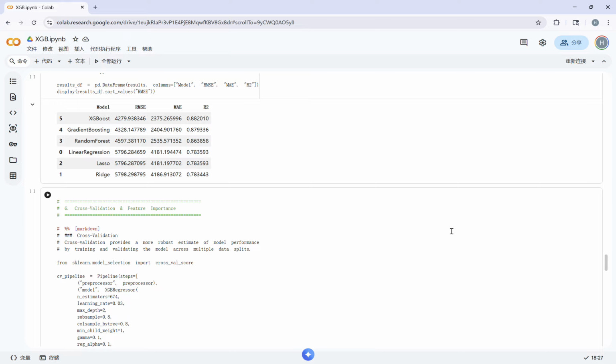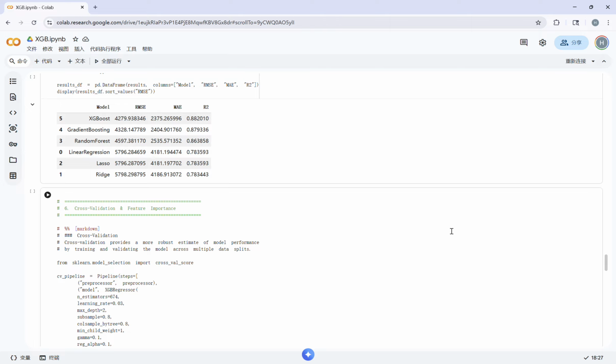Additionally, row subsampling and feature subsampling were used so that each tree only sees part of the data, which further reduces overfitting and improves robustness. Regularization parameters were included to penalize unnecessary splits and excessive complexity. Together, these choices help ensure that the performance improvements are meaningful and not driven by overfitting.